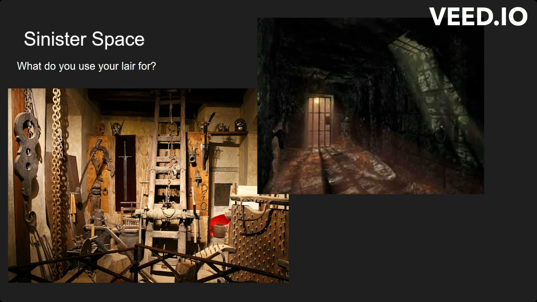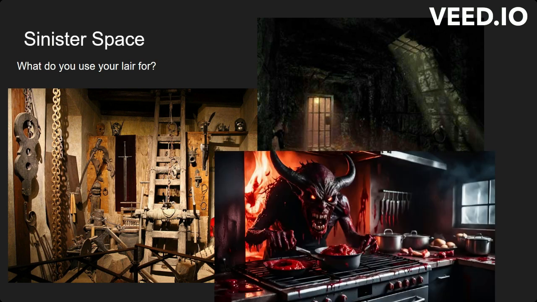You could establish a dungeon to keep others. Maybe you're keeping hostages. You could even use it for something as simple as cooking in the kitchen. You know, the limits are non-existent in this. But you should remember the previous design aspects in that the theming should be consistent.